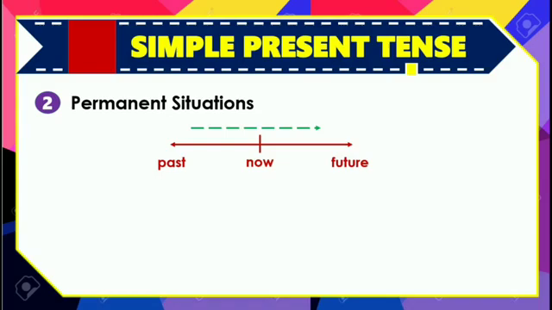We also use the present tense to talk about situations that are mostly permanent, like jobs and things that always happen. For example, Timmy lives in California.